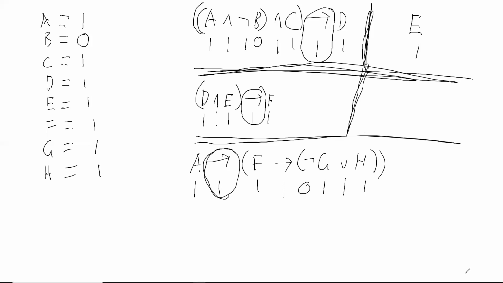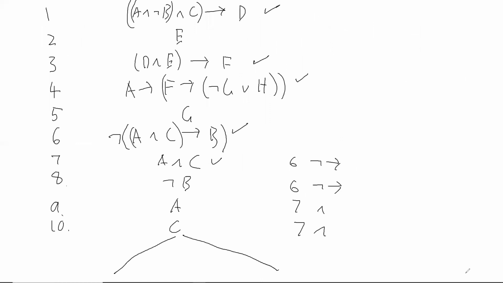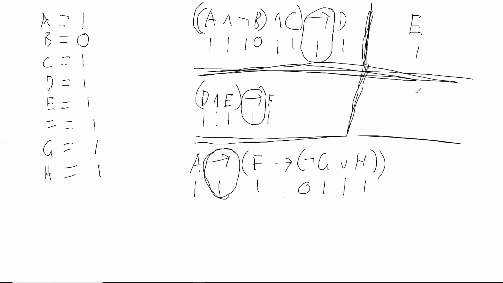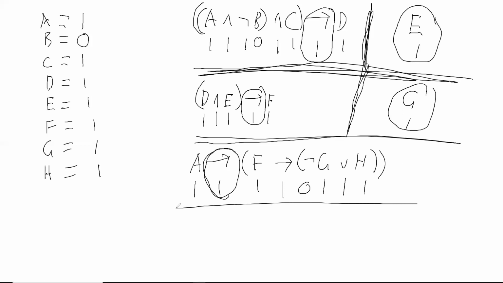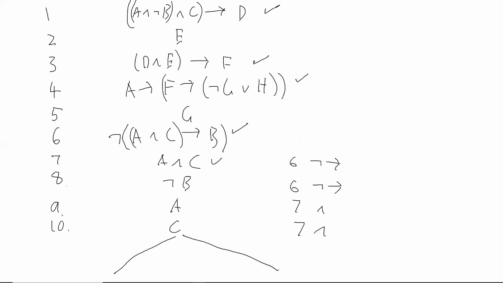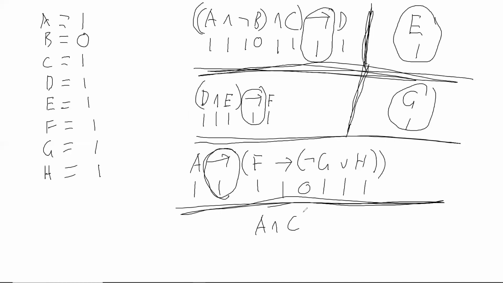And the next premise, G. Well, the counterexample just makes that premise true as well. So far, that's all the premises, and the counterexample has made them all true. And the conclusion, A and C implies B. Based on the counterexample, we assign A 1, C 1, and B 0.